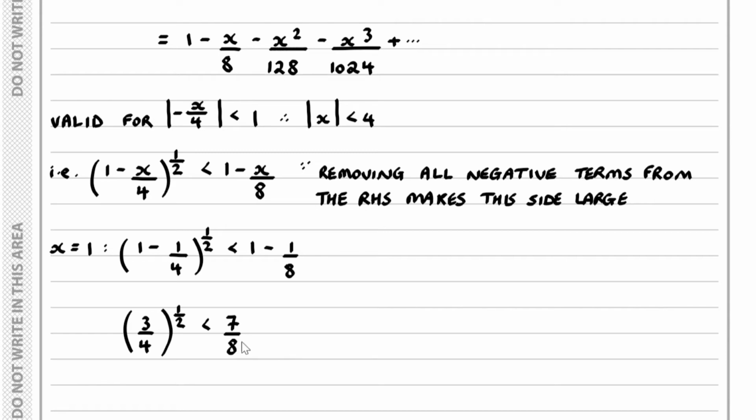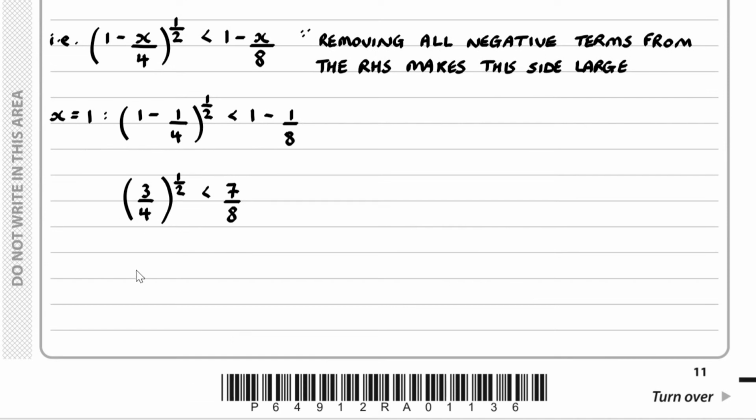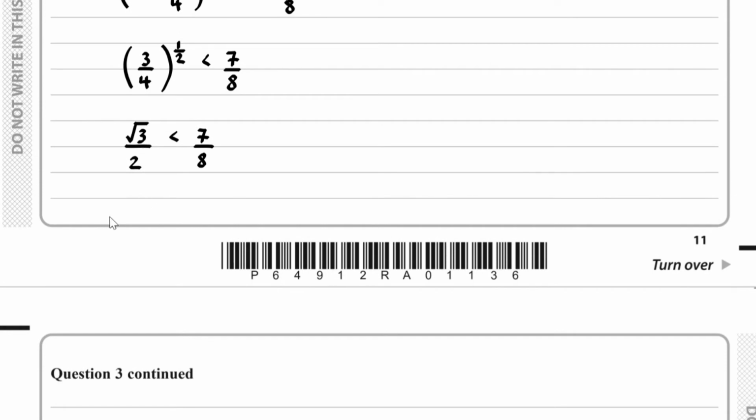The result here is looking familiar to what we want to show. Now 3/4 to the 1/2, that's going to be the same as root 3 over 2, and that's going to be less than 7 over 8. And if I multiply through by, rather if I multiply through by 2, then we can say that root 3 will be less than 7 over 4. And that's exactly what we wanted to show.